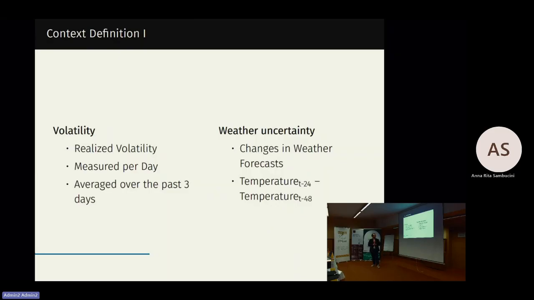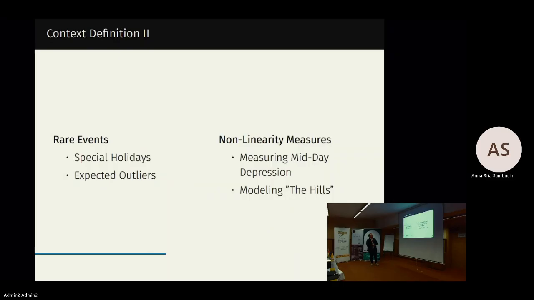And typically, weather forecasts have regions where they are less reliable than other regions, such as in September or in April. These are shoulder regions where they tend to be a little bit more unreliable. We have rare events, so it's a little bit of a paradox.